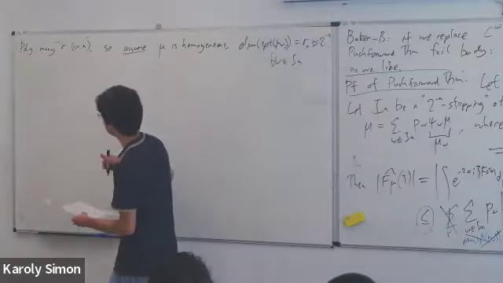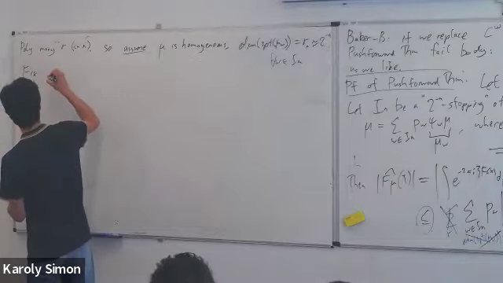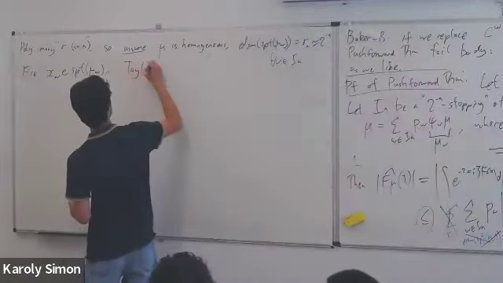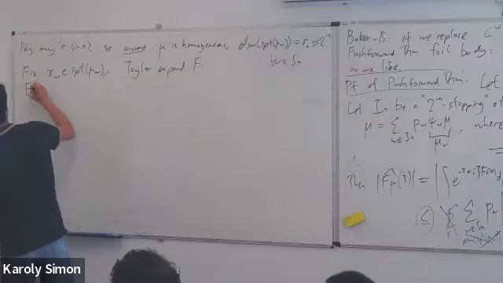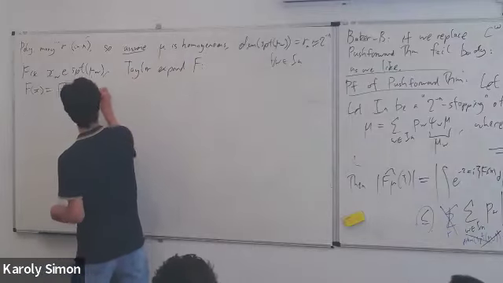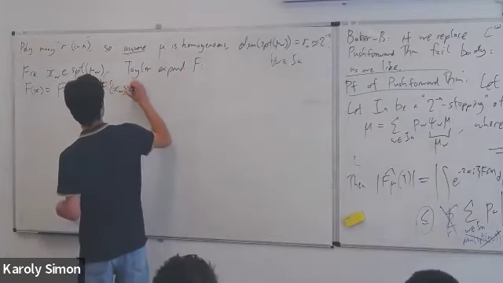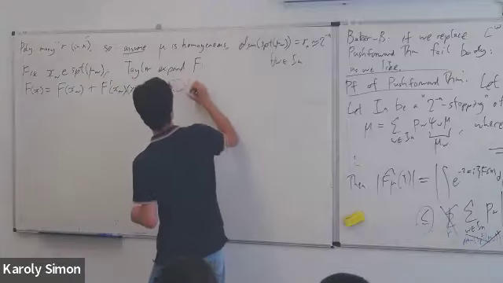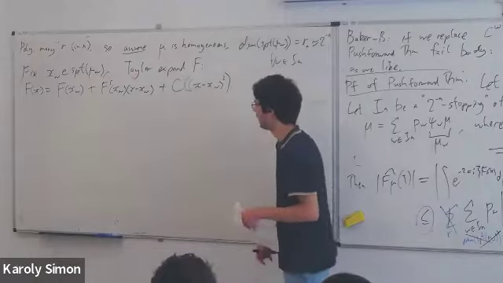Then for each omega, we're going to fix x_omega in the support of mu_omega, and we're going to Taylor expand f around this point. So f(x) is equal to f(x_omega) plus f'(x_omega) times (x minus x_omega) plus something of the order of (x minus x_omega) squared.